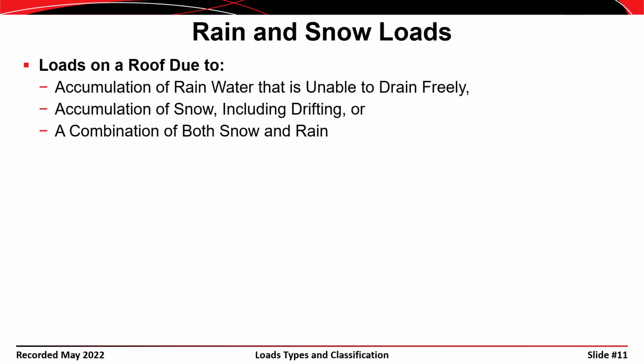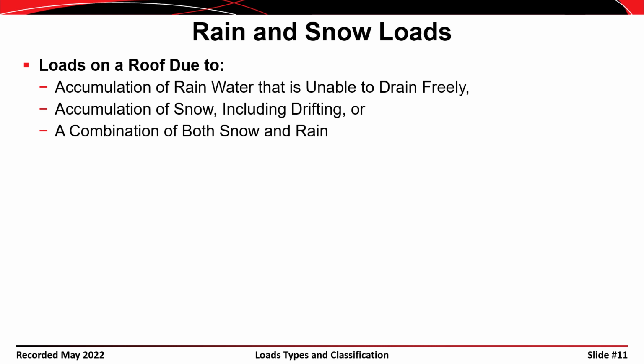Okay, rain and snow are loads that are due to the accumulation of rainwater on a roof, or the accumulation of snow on a roof, or the accumulation of both snow and rain. So if a roof is properly designed, there shouldn't be any rainwater accumulating on it at all.